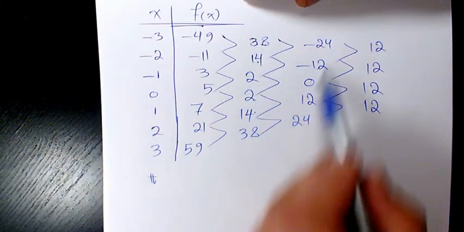So we can say that the first differences are different, the second differences are different, but the third differences are equal.